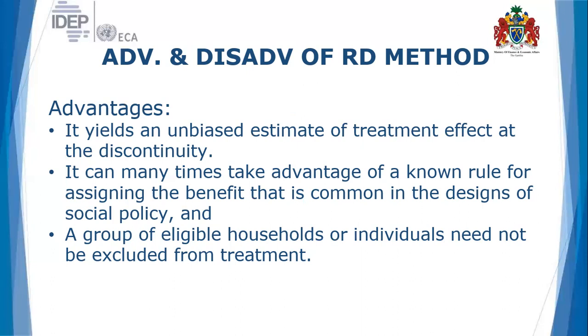So we want the ultra poor, people below a certain level of land holding or income, etc. And finally, a group of eligible households or individuals need not be excluded from treatment when it comes to evaluation. We just establish a cutoff point and then compare the two groups below and above and see the differences in the outcomes.